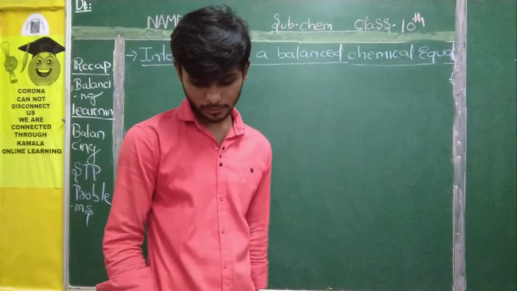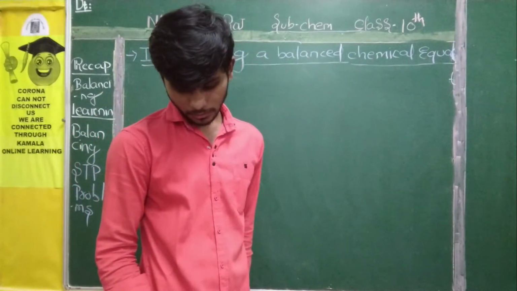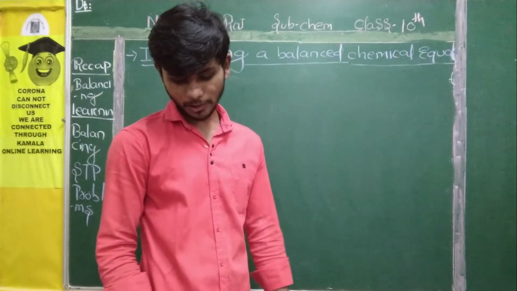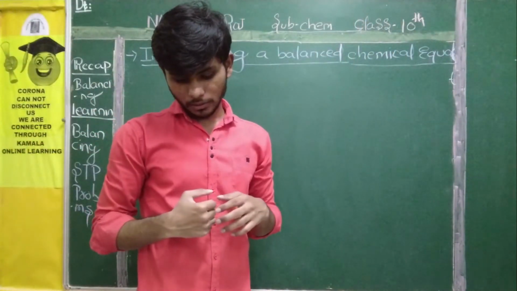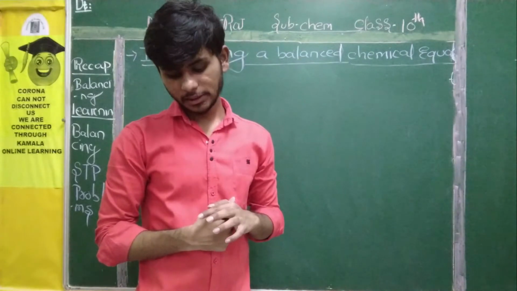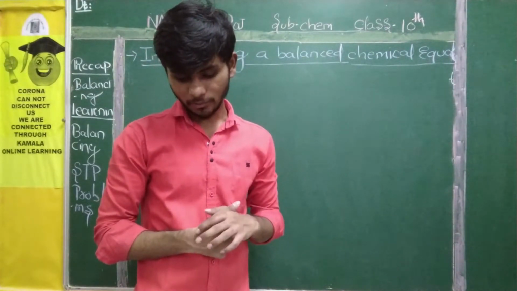A question gave that: calculate the amount of aluminum required to get 1120 kg of iron by the above reaction.